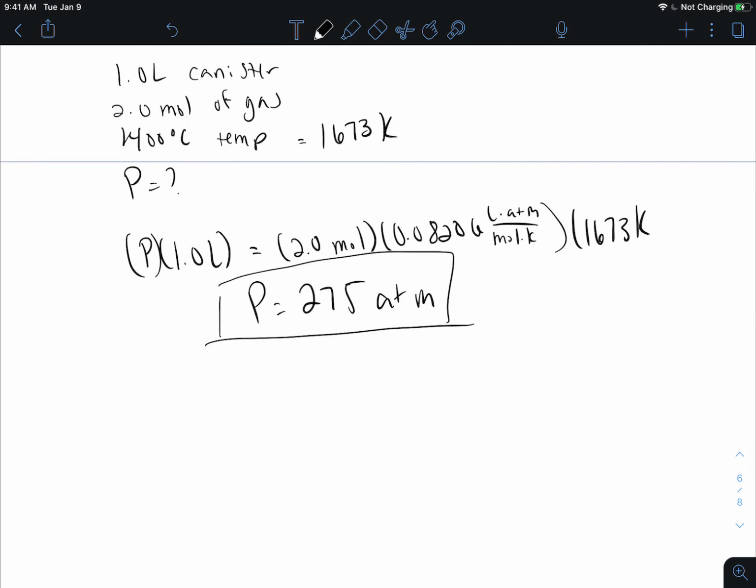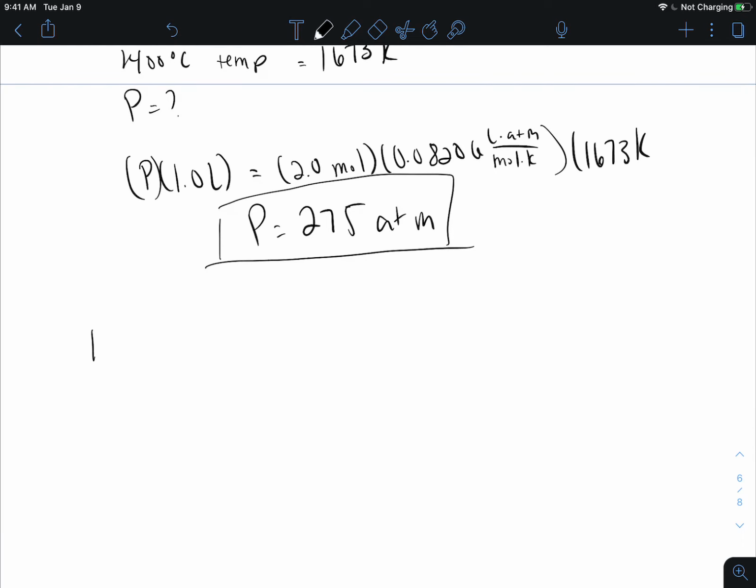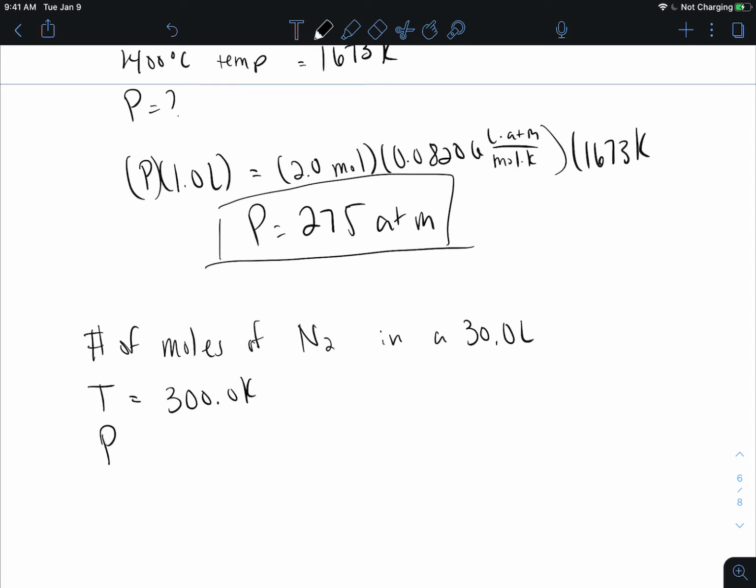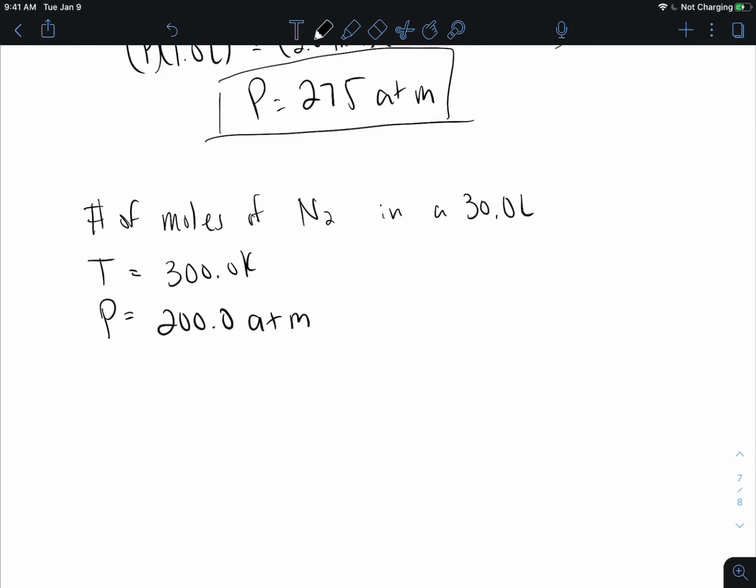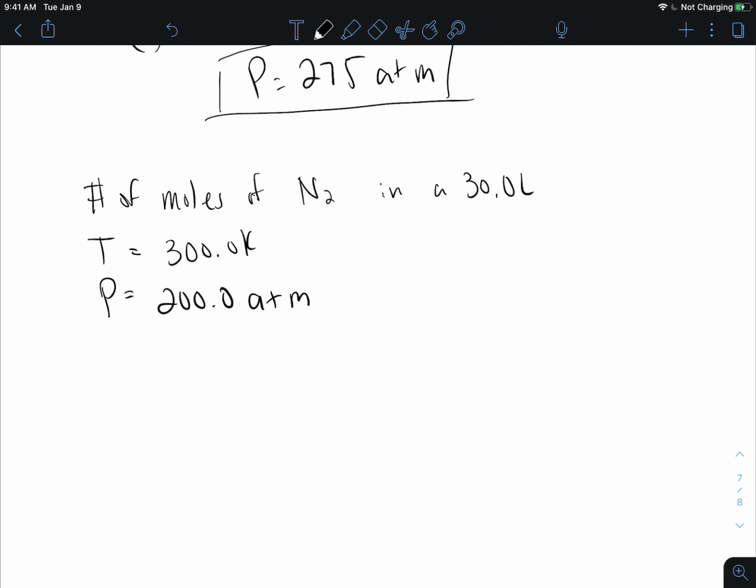Okay, next, we want to know the number of moles of N2 that are in a 30.0 liter scuba canister if our temperature is 300 Kelvin and our pressure is 200 atmospheres. So again, we'll put this in PivNert.